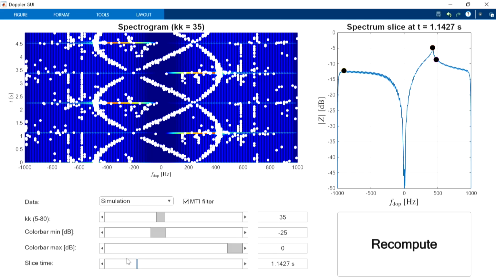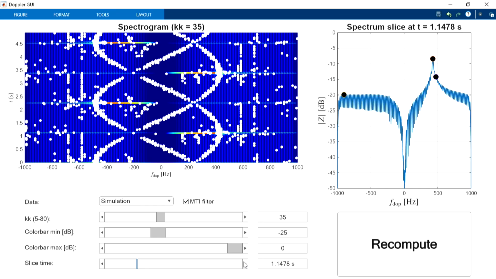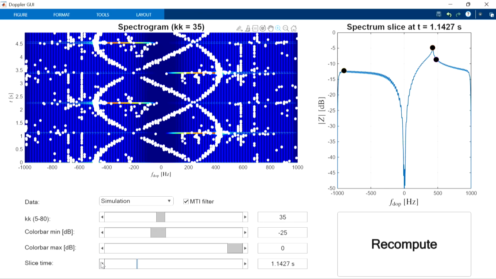Exactly. Now check. Before, I am at minus 20 dB, something like this, some maxima. If I go to 1.2, I am completely up, and my full spectrum is just affected, and half of it of course is affected and half is not.